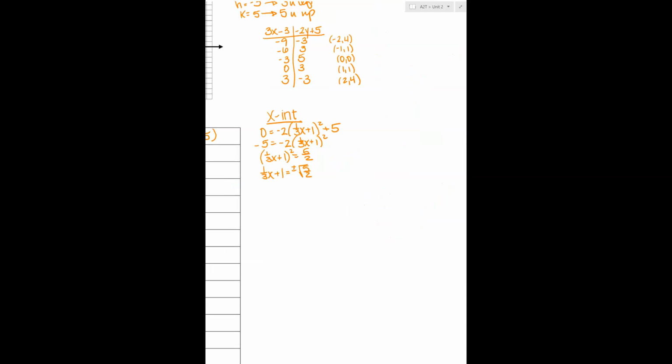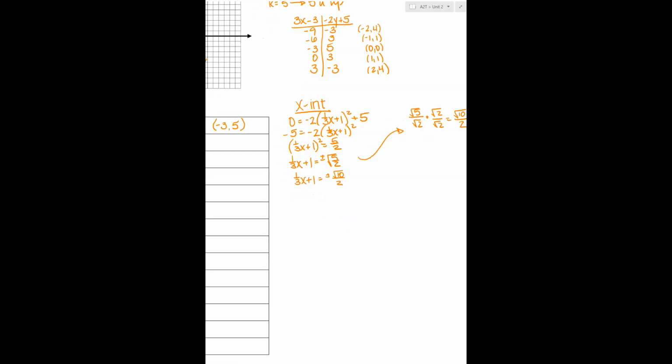Okay, but we have to rationalize. So if I have the square root of 5 over the square root of 2, I have to get the radical out of the denominator. So I'm going to multiply the top and the bottom by rad 2. That leaves us with rad 10 all over 2. Okay, so 1/3 x plus 1 is equal to plus and minus the square root of 10 all over 2.